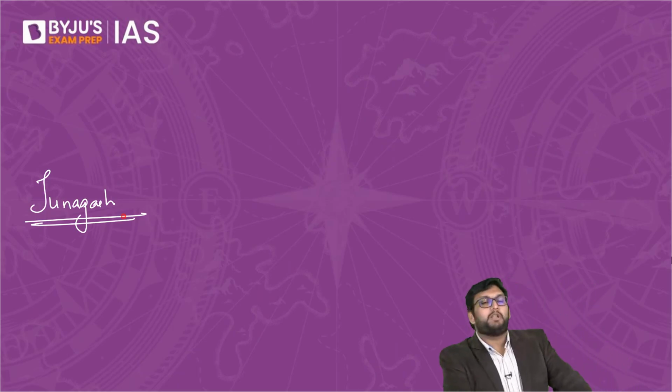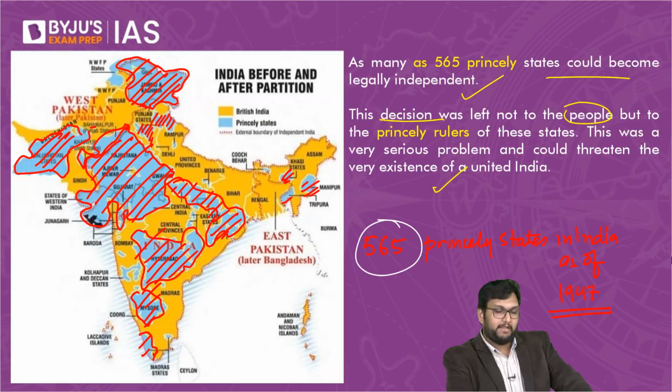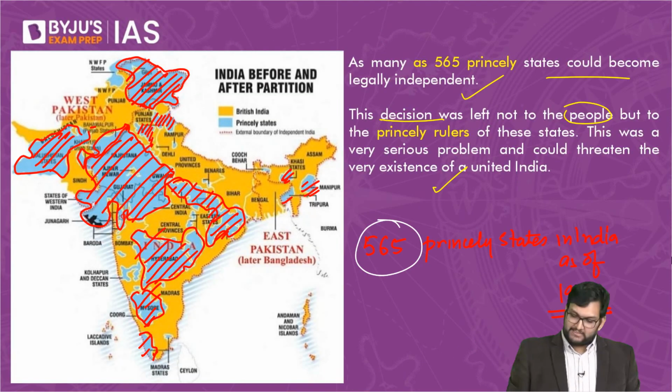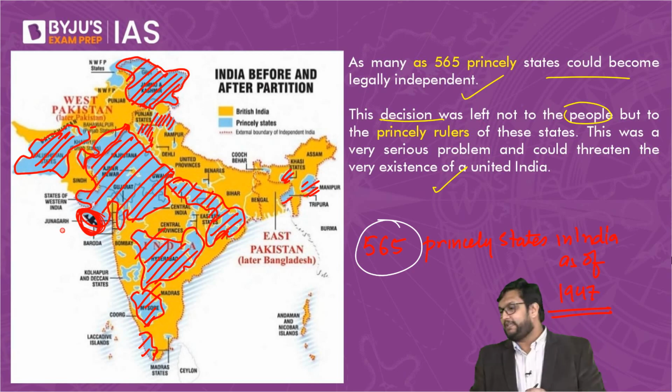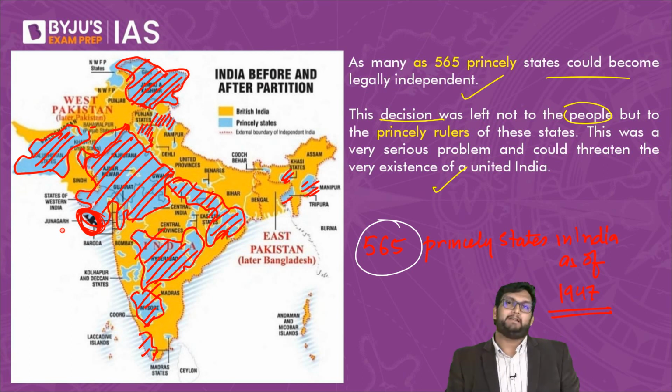Now, when we talk about Junagarh, Junagarh is a major security threat to India. I'll show you. This is basically Junagarh. Now, Junagarh king basically wanted to be part of Pakistan or remain independent, but he did not want to be part of India.